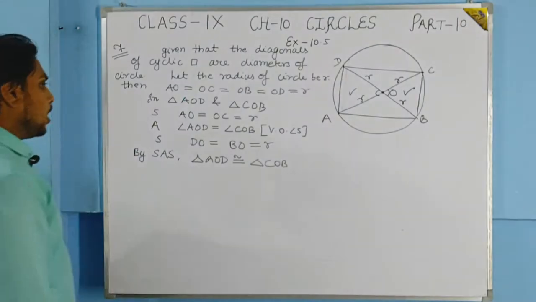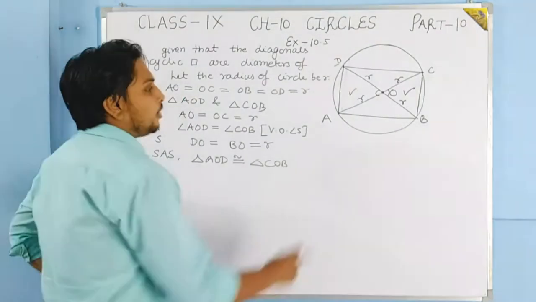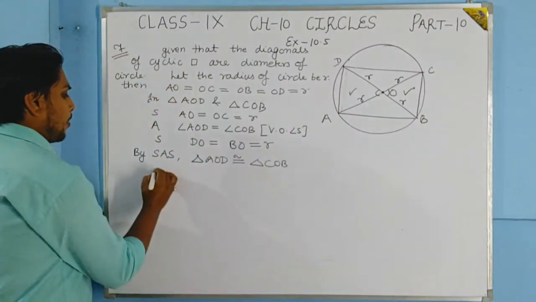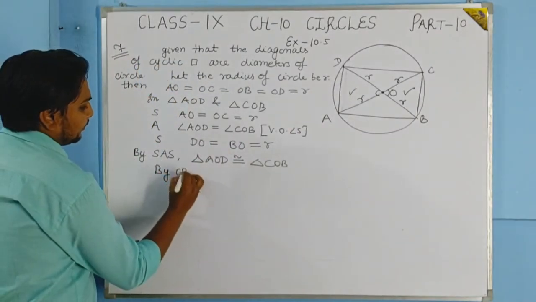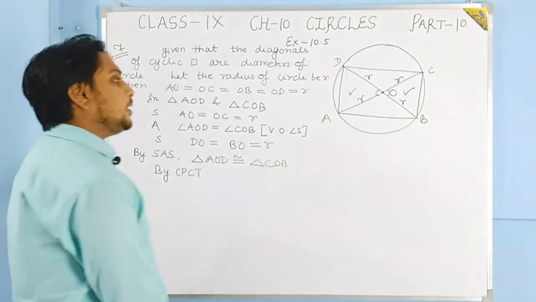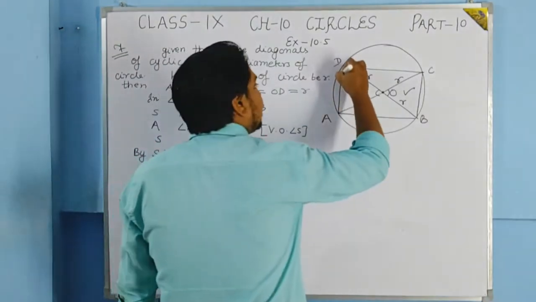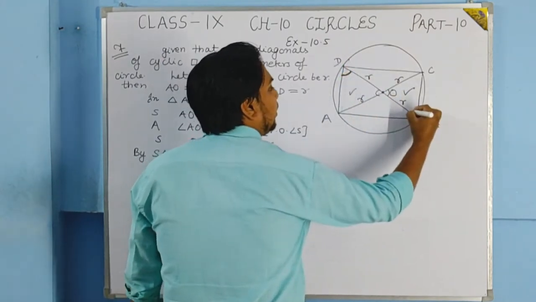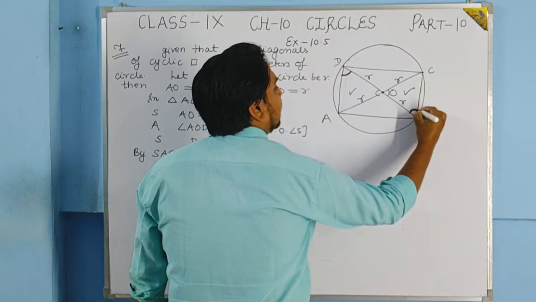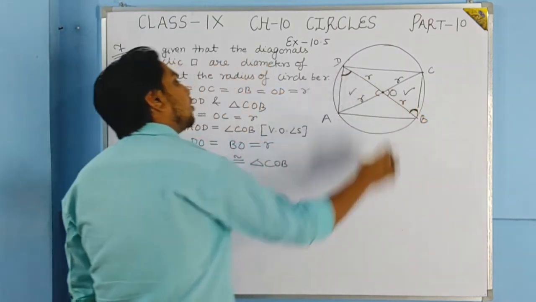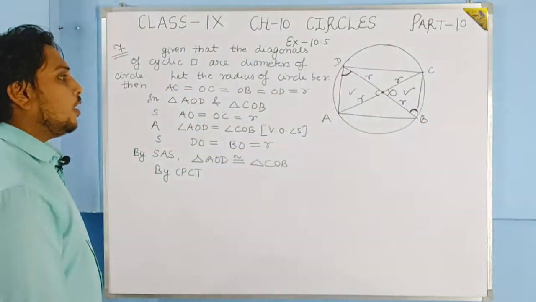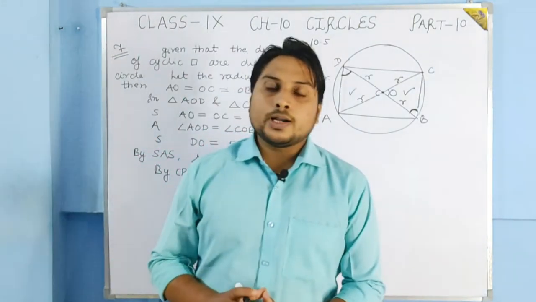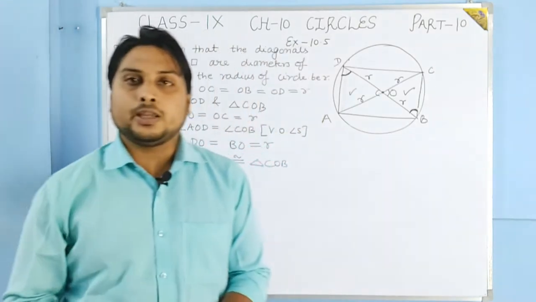Now students, if these two triangles are congruent, then by CPCT, what we can say? We can say that this angle of the triangle should be equal to this angle. Okay, because they are the corresponding parts of the triangle, and we know that if two triangles are congruent, then their corresponding parts should be equal.